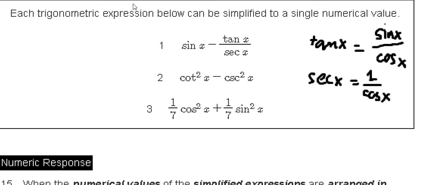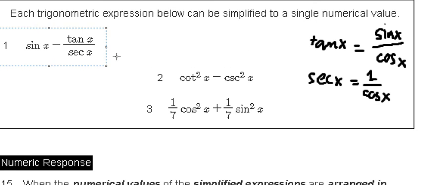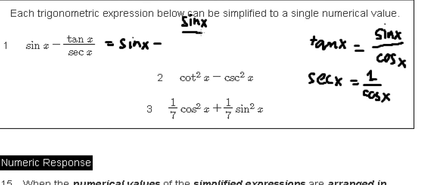So for number one, we can simplify like this. Tan x we transform into sine x over cosine x, minus sine x over 1 divided by cosine x.